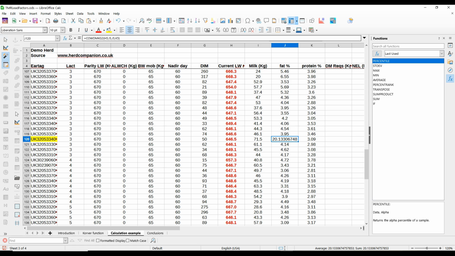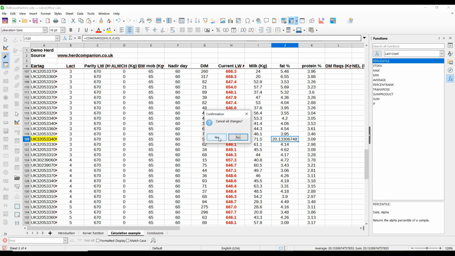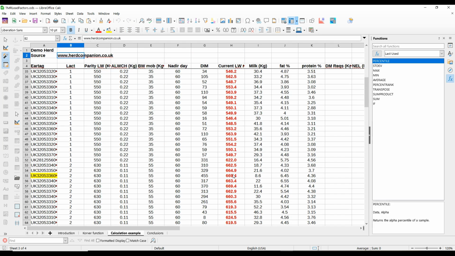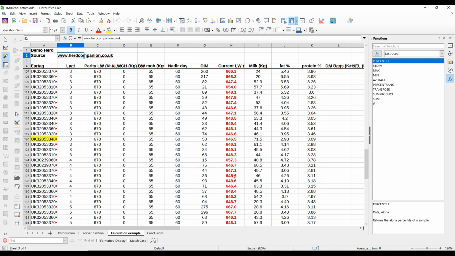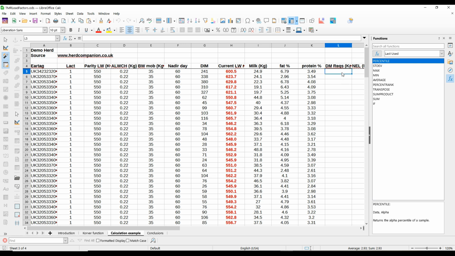I did something bad here, so let's reload the file. Yes, let's go back there. I marked another cow because of its milk production and fat and protein content. Of course I wasn't pointing at the correct cell at the time, that's why the mistake happened.